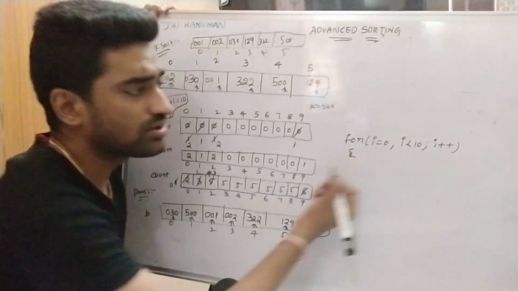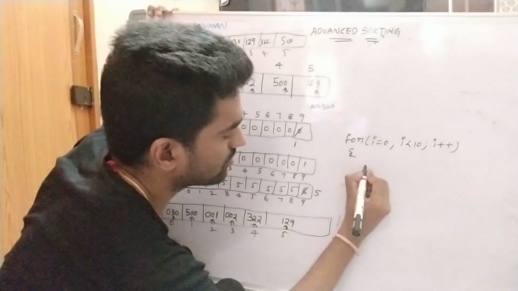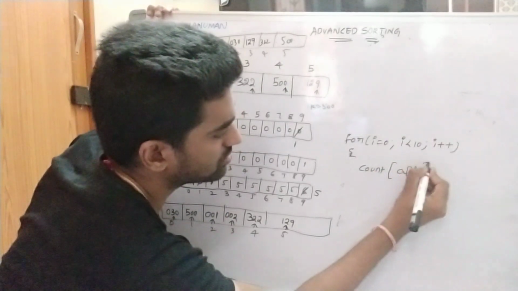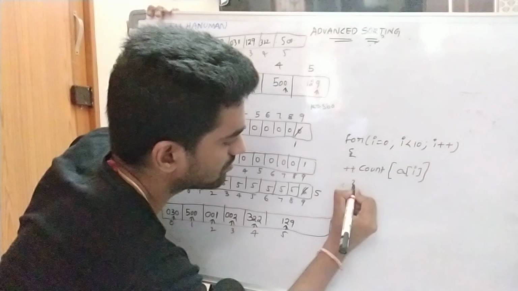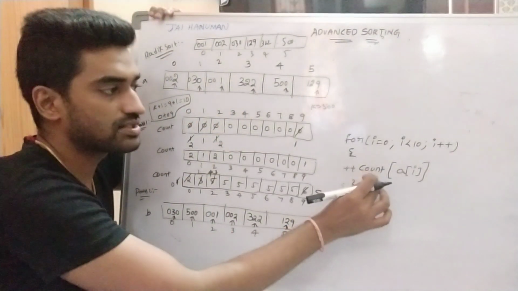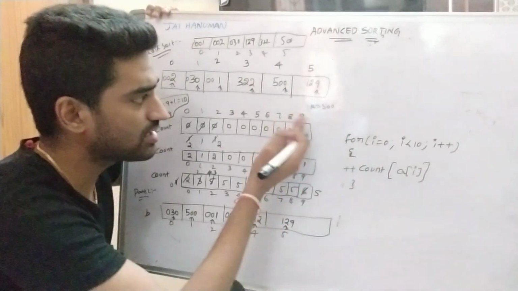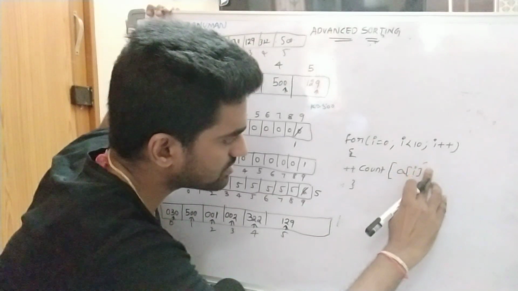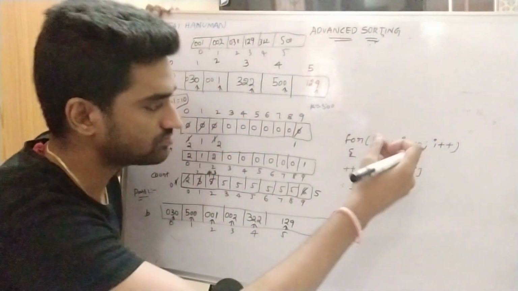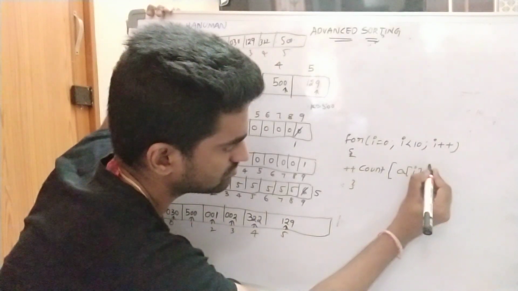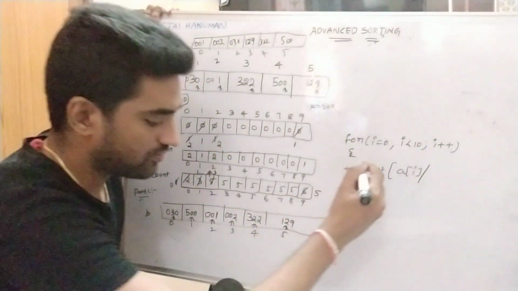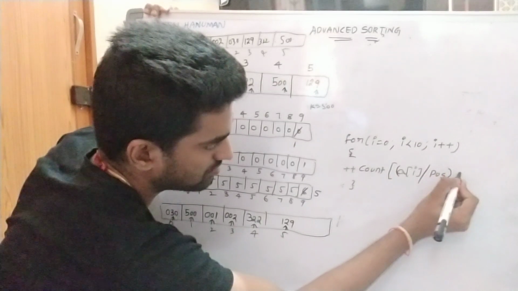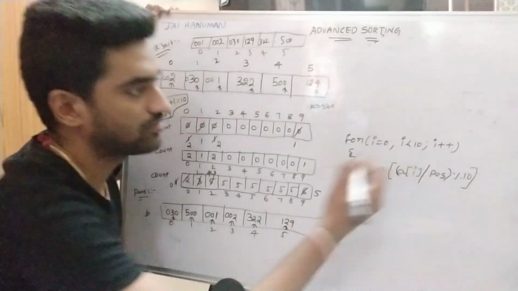How do we update the count array? Count of, based on the a of i position, we increment the count array. This is the general step in the count sort mechanism. Here I am considering the first digit, second digit, third digit, so we compulsorily use a of i position modulo division of 10.